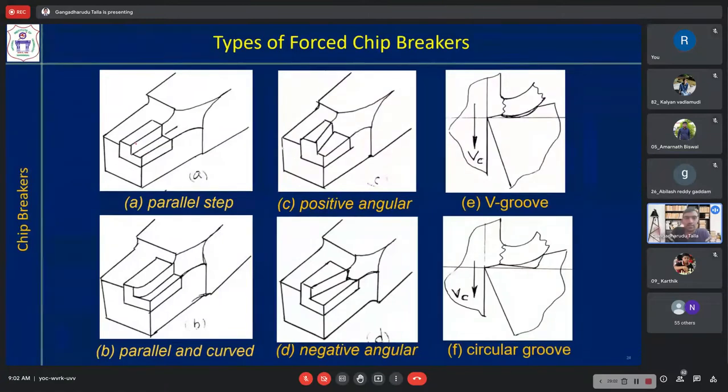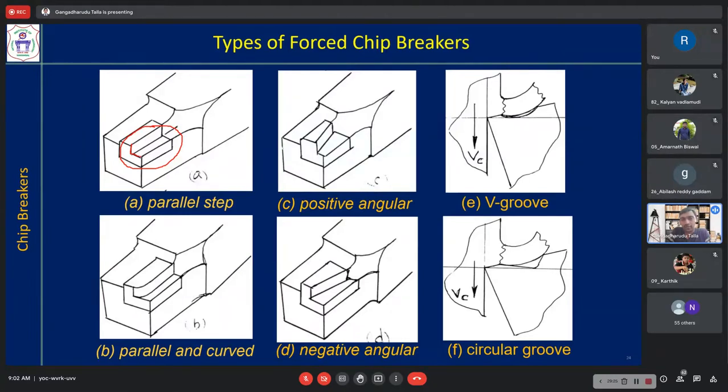Because there is a cut here, but this insert, whatever you have kept here, the chip breaker, is very small. So the overall rake angle will be different. Understand? Now, based on this step, the rake angle will change.